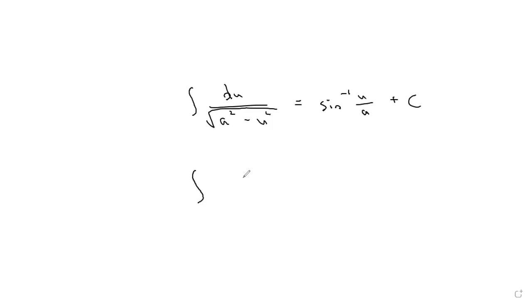The next one is du over a squared plus u squared equals 1 over a tan inverse of u over a plus c. It's different from the other one: you have no square root on the bottom, and you also have a plus sign on the bottom. So there are pretty distinct differences.